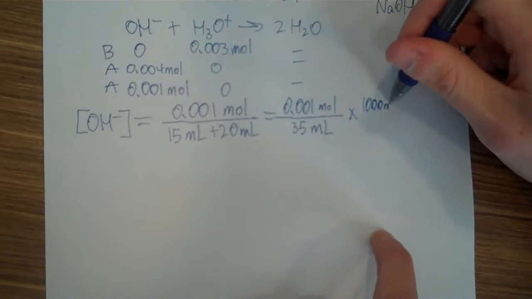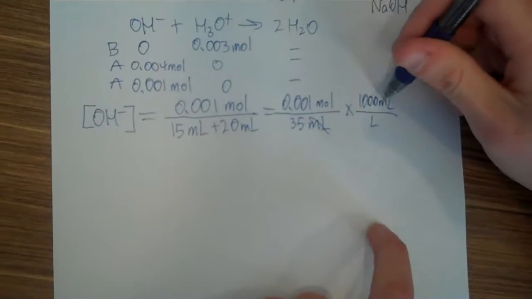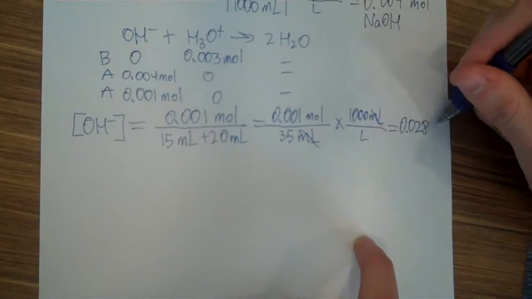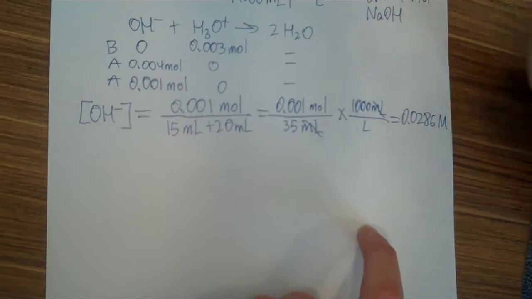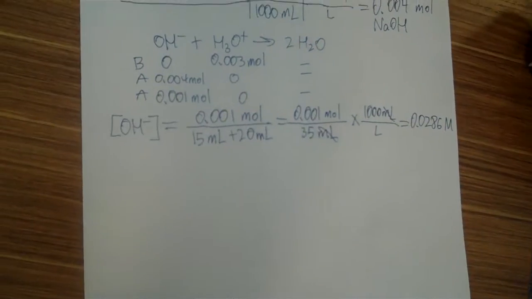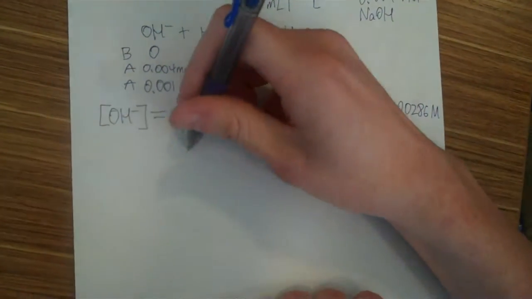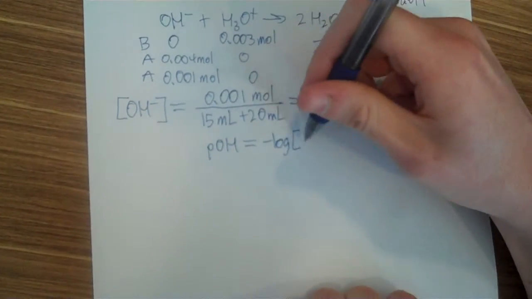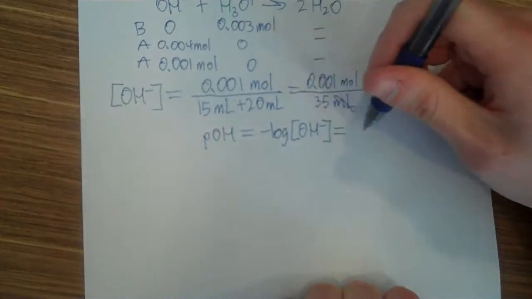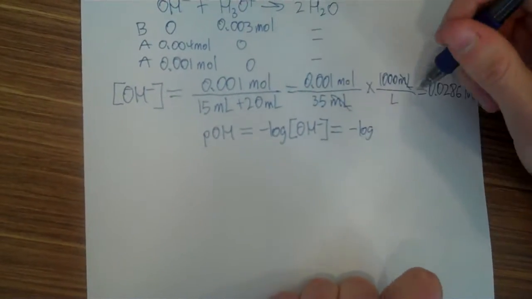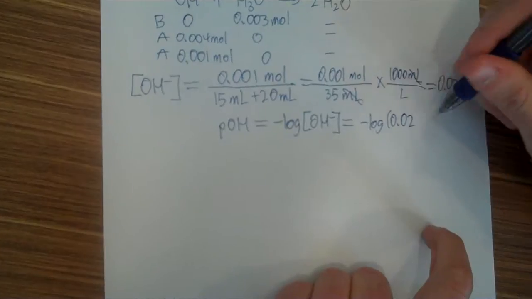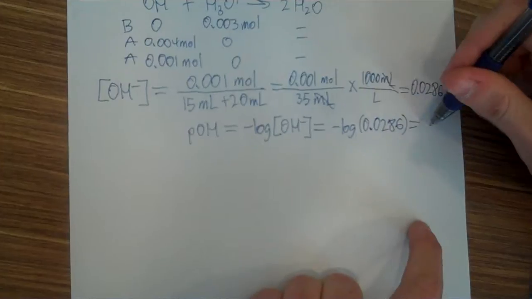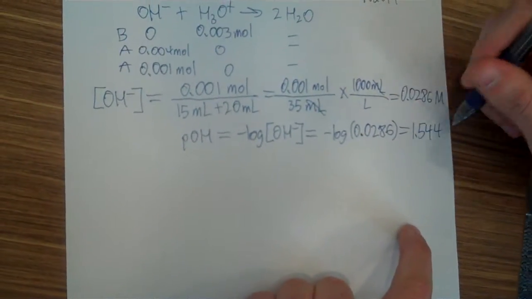Convert this to liters, and we get about 0.0286 molar. Now, using our concentration of OH minus, we're able to calculate the pOH, which will be the negative log of the concentration of OH minus. So the negative log of 0.0286 is about 1.544.